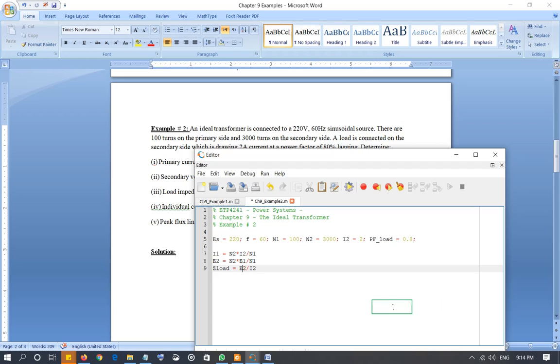I always do this, E2 divided by I2, and let's go ahead and put it in the rectangular form, since we will need the rectangular form in the next problem.